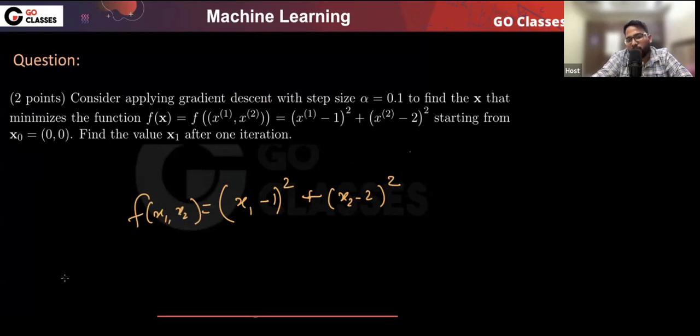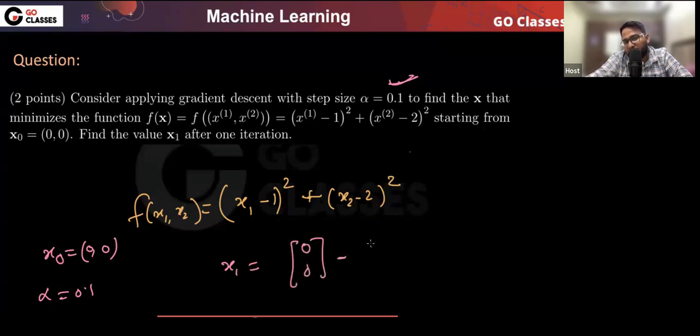Now, if someone asks you, starting at the point 0, 0, and the alpha is given to be 0.1. Someone says that, okay, you start at this point, your step size is this. Can you tell me x1? What will x1 be? x1 will be your starting point minus alpha times the gradient of f.